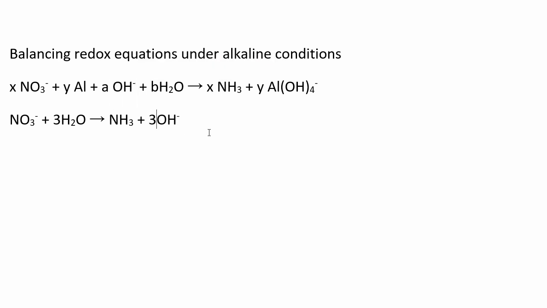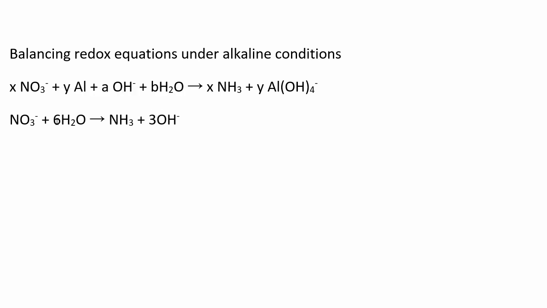Now on the left hand side we've got 6 hydrogens, and on the right hand side we've got 6 hydrogens, that's right, but there's still a problem because on the left hand side we've got 6 oxygens as well. So in actual fact we need still more hydrogens from the left hand side.